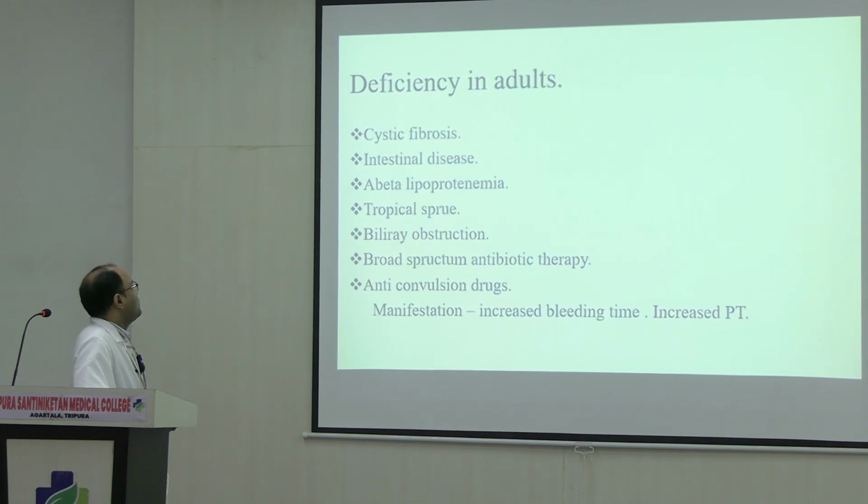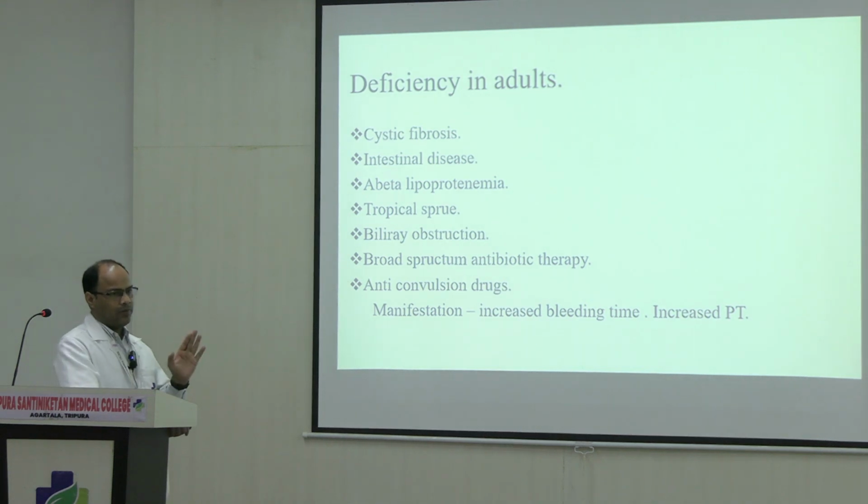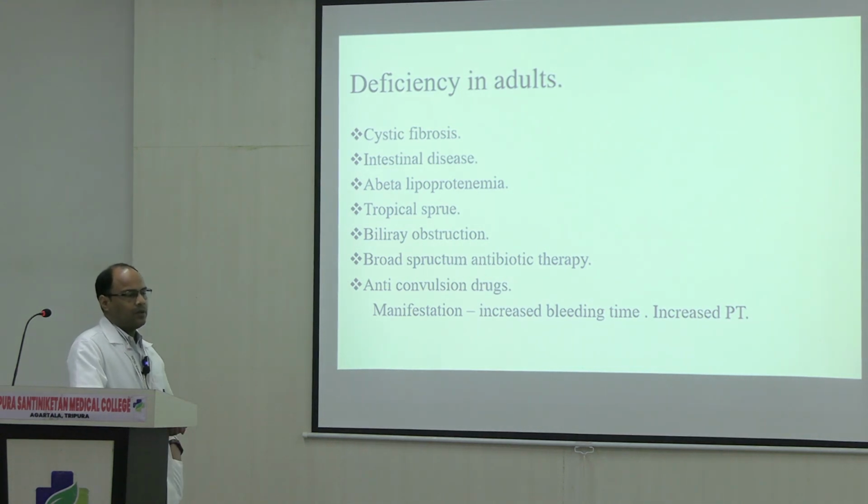Next is deficiency in adults. As I told earlier, all the fat soluble vitamins can develop deficiency because of any condition, such as intestinal diseases, which cause decreased absorption of fat from the intestinal tract.